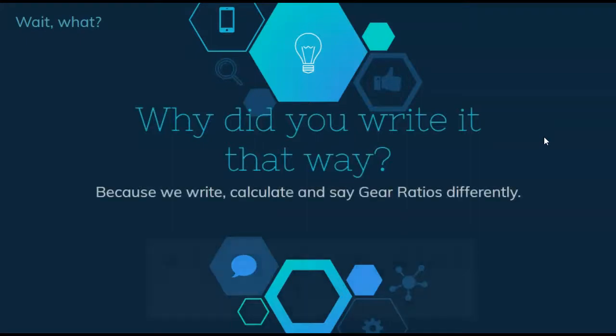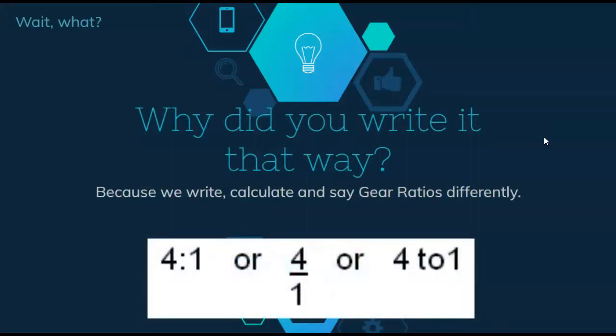Well, always when we're looking at gear ratios, we're going to write, calculate, and say the gear ratio differently. When you're writing a gear ratio in the written form, you'll write it 4:1. When you're calculating a gear ratio, you will always calculate it as a fraction, 4/1. But when you're talking to people about gear ratios, you're not going to say it 4:1 or 4/1.